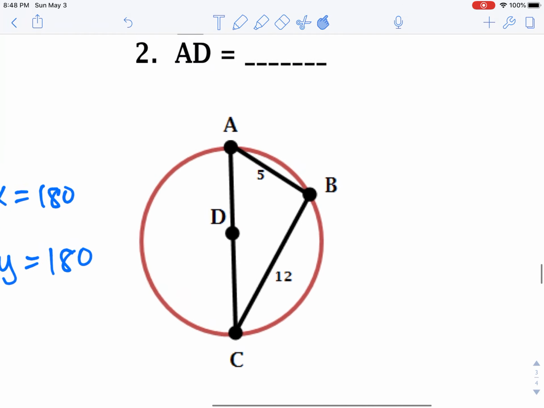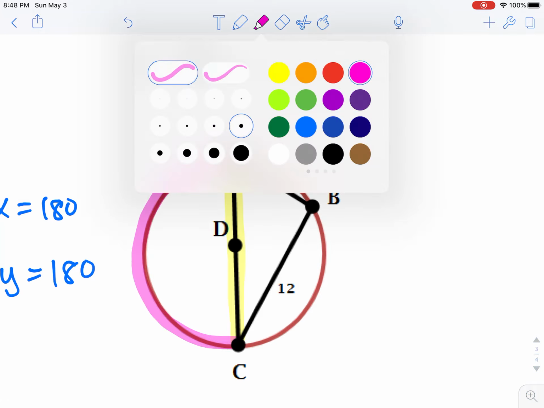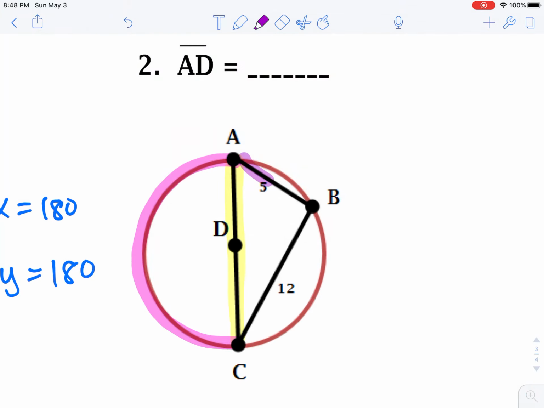Okay, let's look at the next one. Keep in mind that I have a chord going through the center, which makes that a diameter. Since that's a diameter, I have a semicircle as this arc, so angle ABC is a right angle.